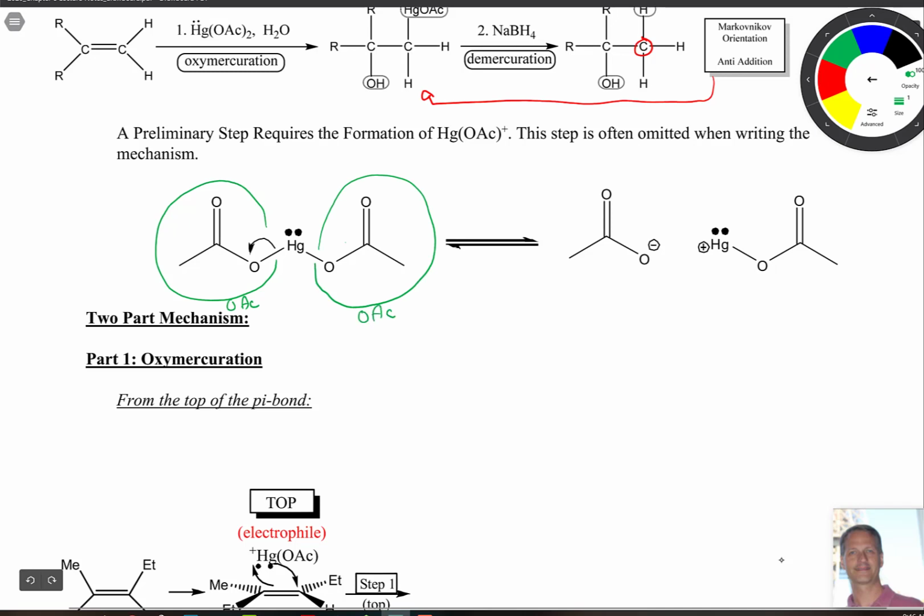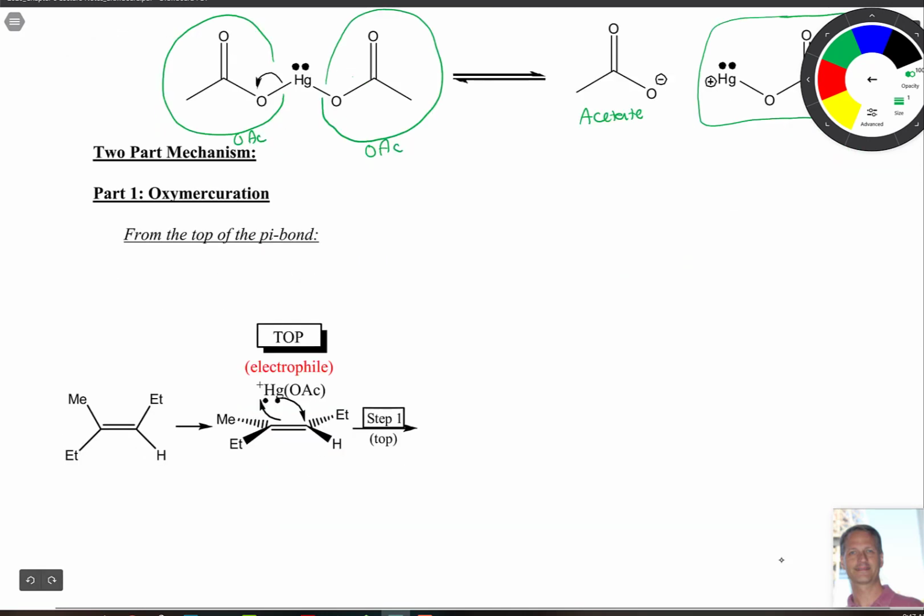The first step that happens is you get acetate kind of just deciding to leave. It just jumps off. It's not that bad. It's got resonance. And it leaves you with this little fellow right here.